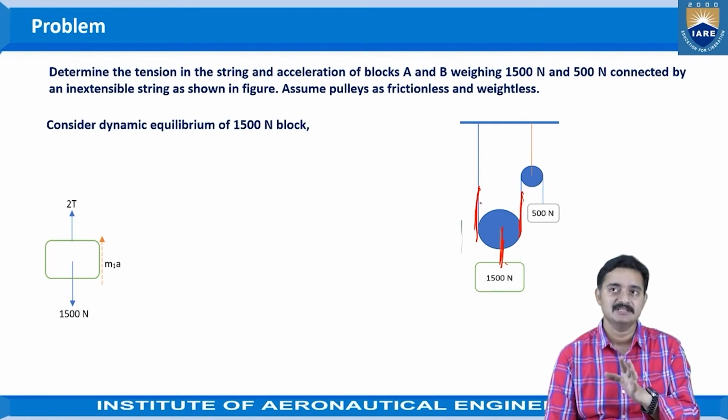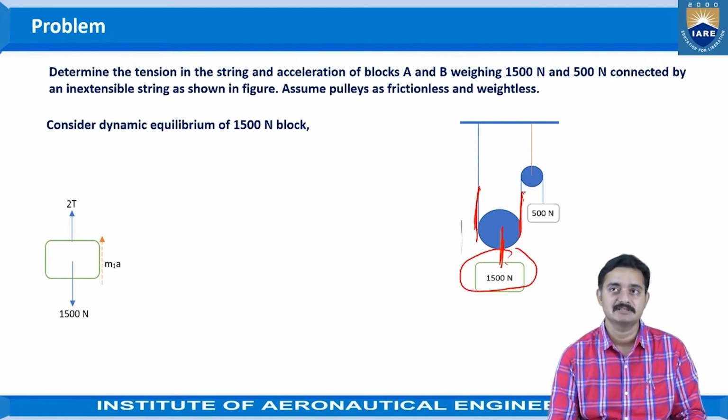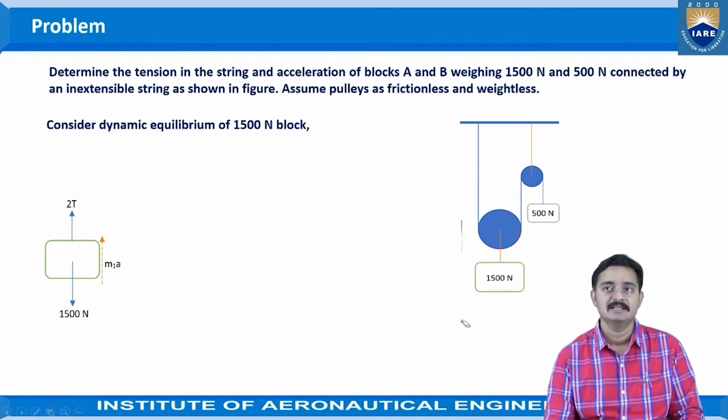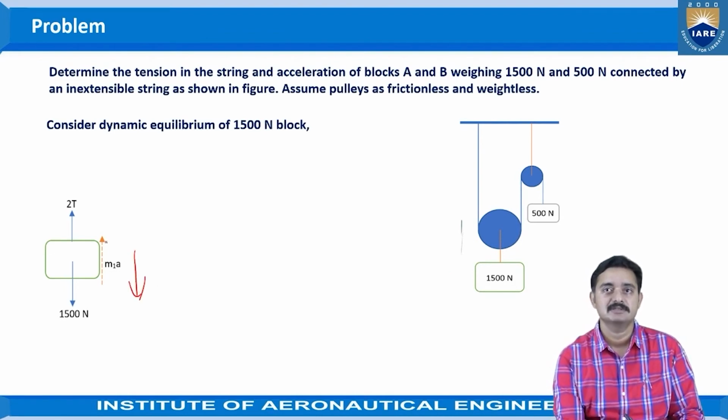But as per the given situation, we can see that this object is being tied with two strings individually considered, so the tensions would be double. And as we can see, the object is moving downwards, so the inertia force is taken in the upward direction.